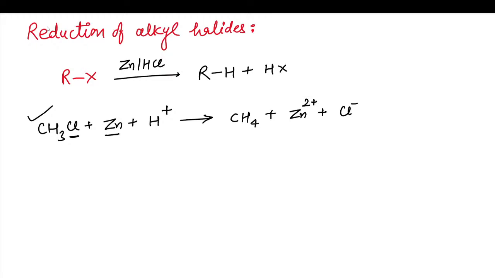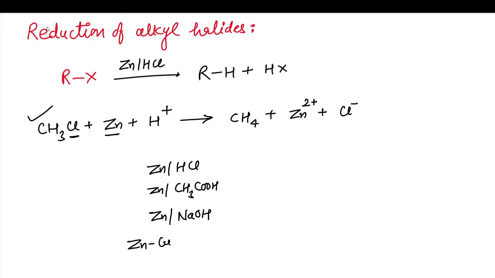The same zinc can be used with acetic acid, or zinc can be used with NaOH. Means there are different agents: zinc HCl, zinc with acetic acid, zinc and NaOH, or zinc copper couple and alcohol.